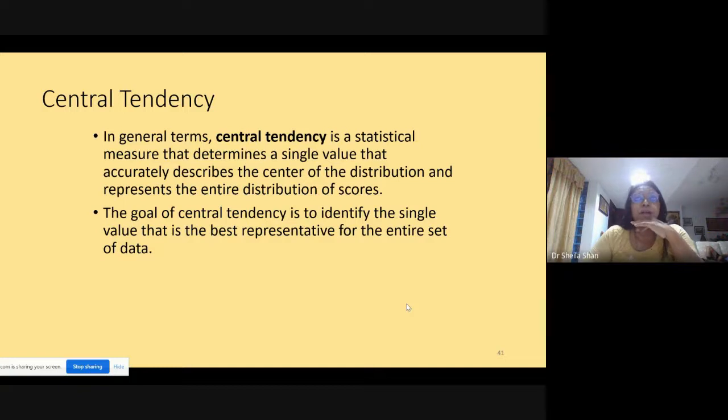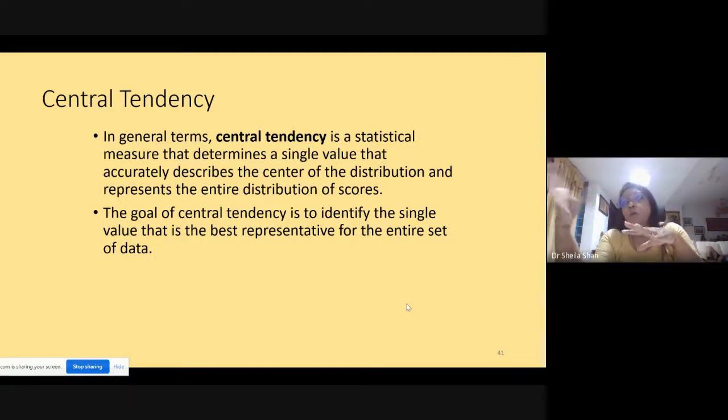Like you have an age group, you want to collect data from patients aged 20 to 30. When you collect 20 to 30, you want to know the average of the patients that come for treatment. From here you can get the central tendency, a single value, so the average will represent the entire set of data.